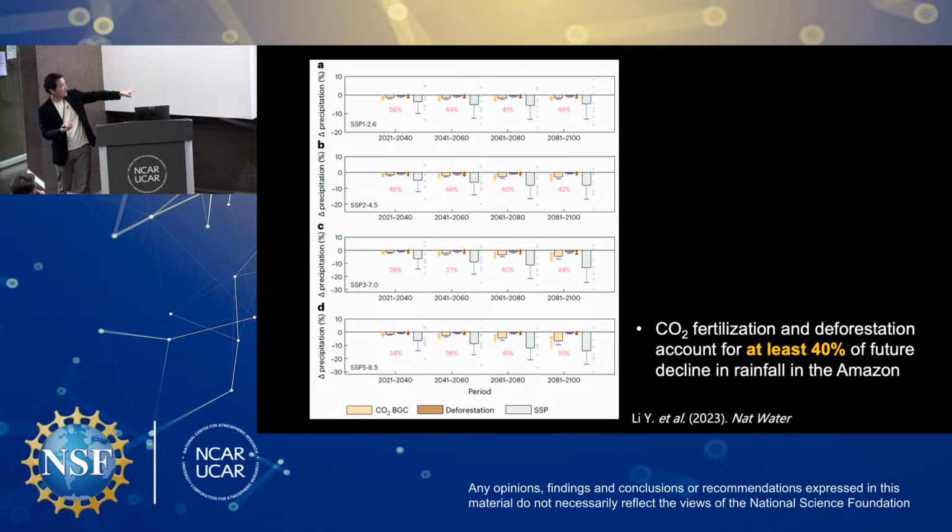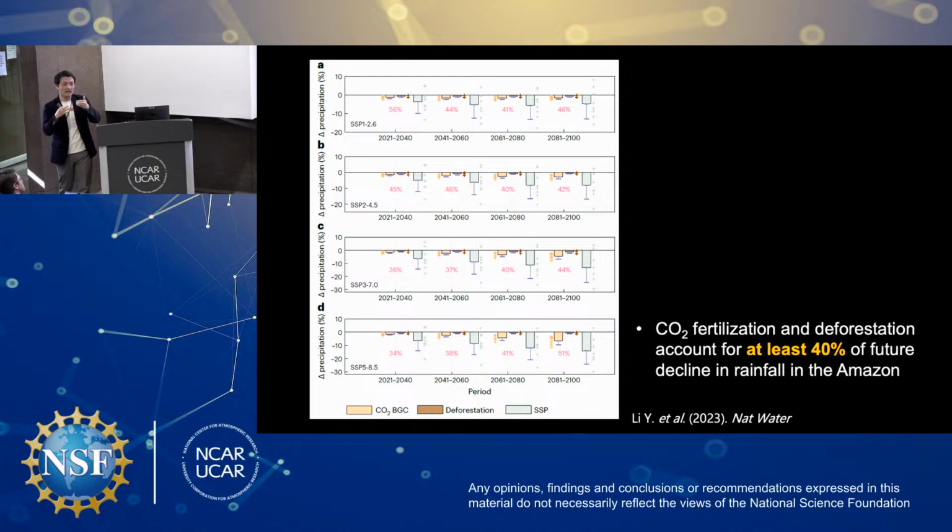So you can see the BGC and deforestation combined, despite different future scenarios, our estimate shows that at least 40% of future precipitation decline from the SSP scenarios can be attributed to the CO2 physiology and also the deforestation. Especially if you compare the BGC and the deforestation, you will see the CO2 physiology contributes a lot compared to the deforestation level.